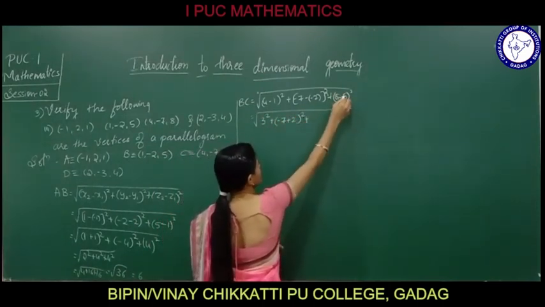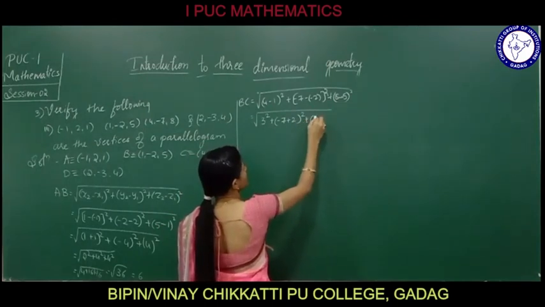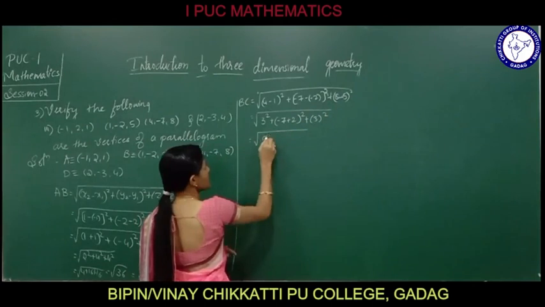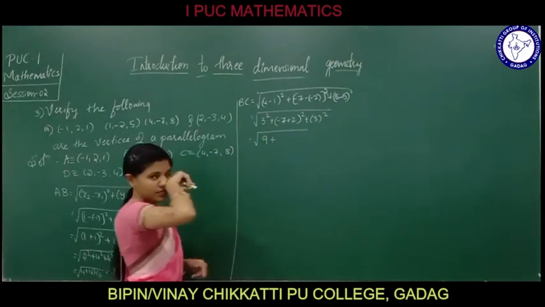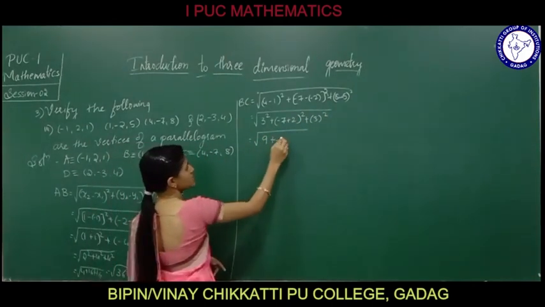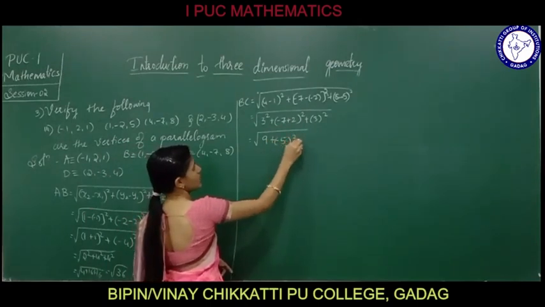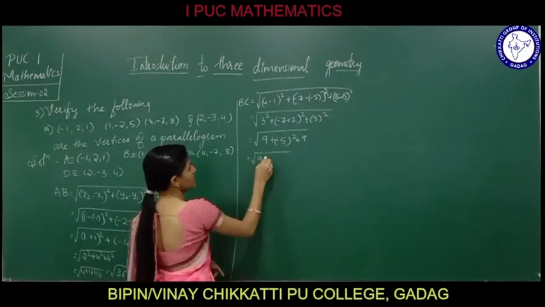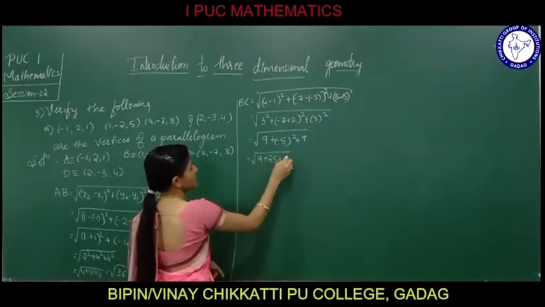Again I have here 8 minus 5, that is nothing but 3 square. That I am going to get as 9 plus minus 7 plus 2 is going to be minus 5, that is minus 5 square plus 9, which I am going to get as 9 plus 25 plus 9.